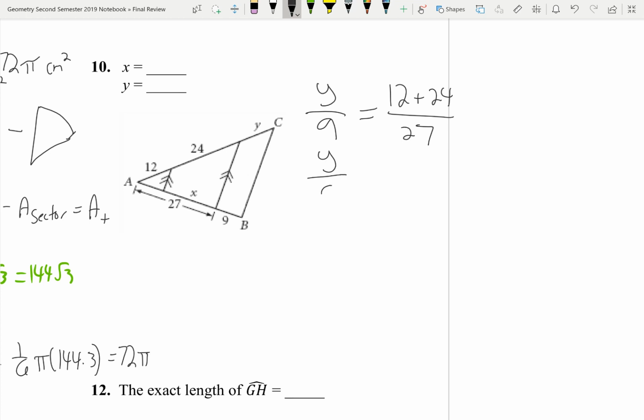In other words, y divided by 9 equals 36 over 27. And so when you solve it out, cross multiply, y ends up being 12.